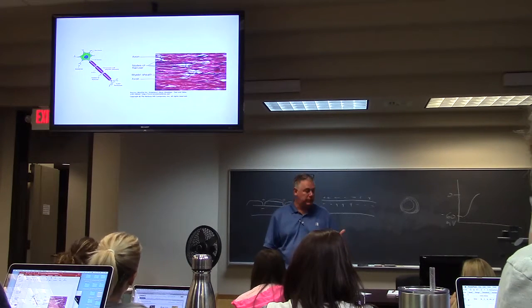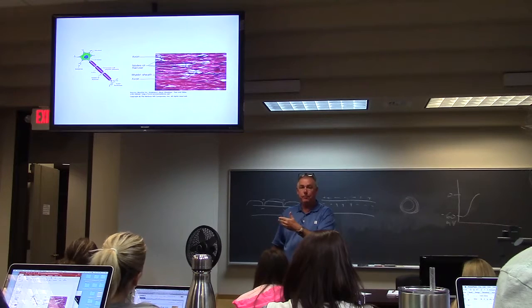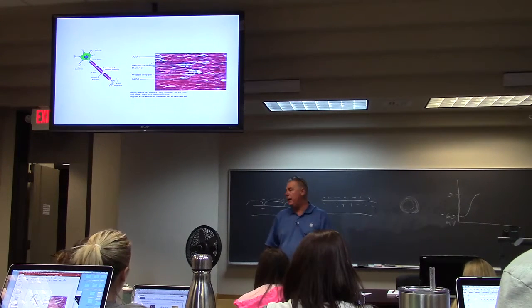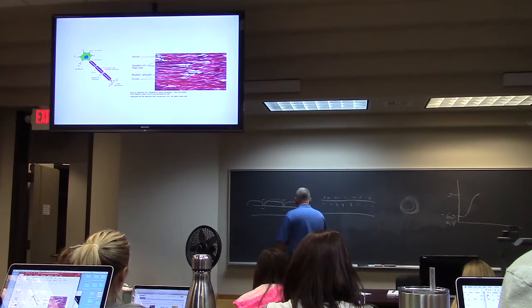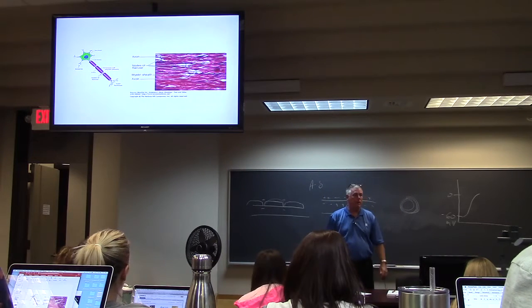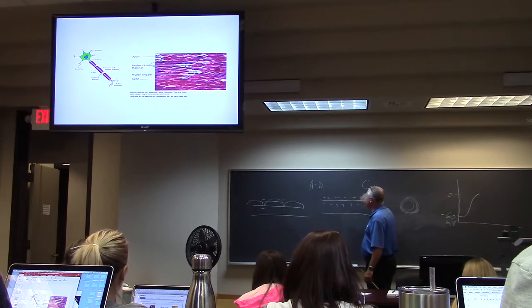If you take a large myelinated fiber, an example of a large myelinated fiber would be what's called an A delta fiber. That's a large fiber. By contrast, here's the C fiber here.